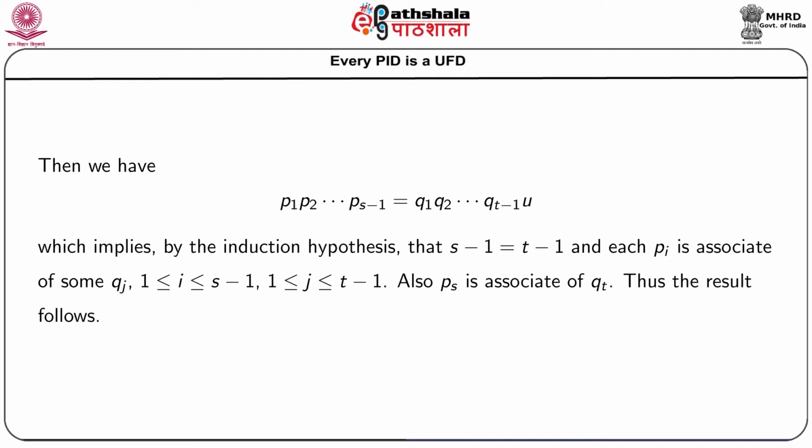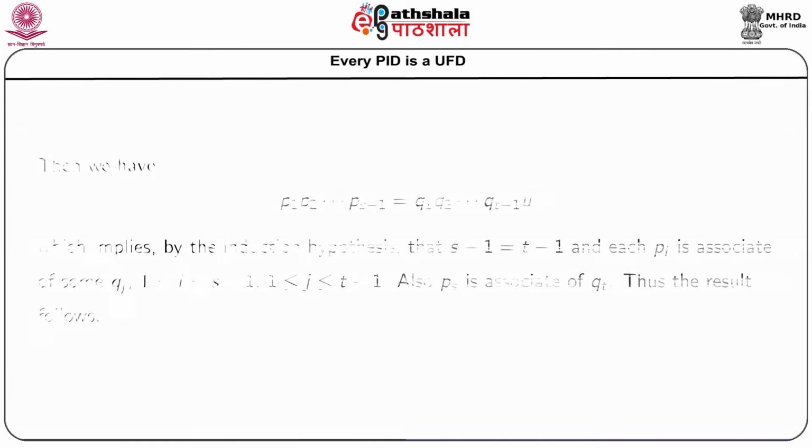Since Qt minus 1 is an irreducible element and u is a unit, we have that Qt minus 1 times u is an irreducible element. So, both sides are irreducible factorizations of some element. So, by the induction hypothesis it follows that s minus 1 is equal to t minus 1 and each Pi is an associate of some Qj, and thus the result follows.